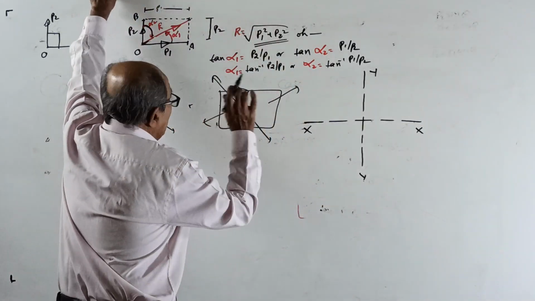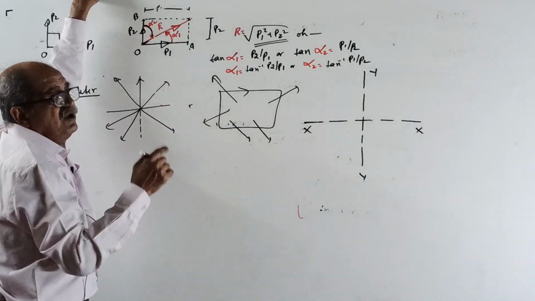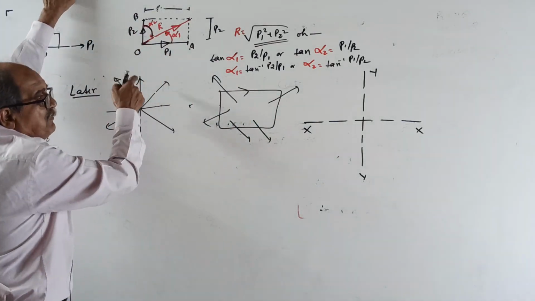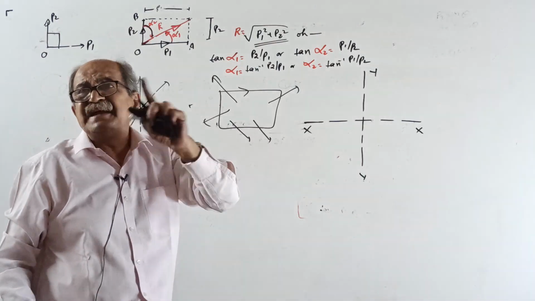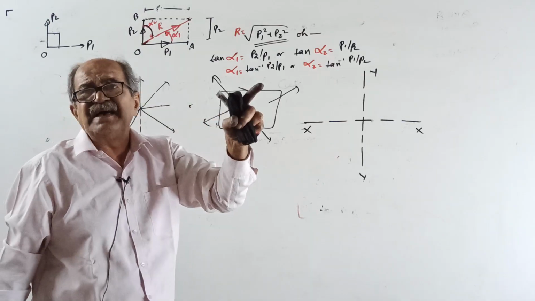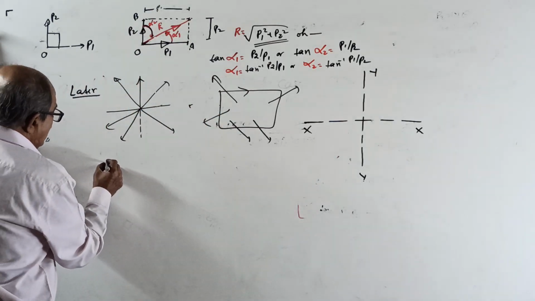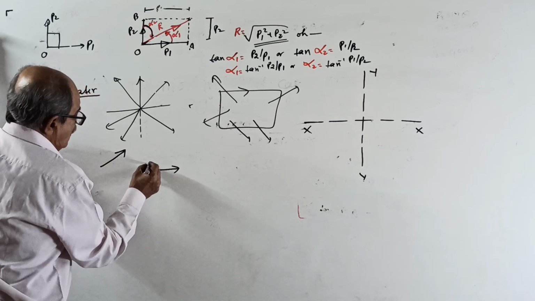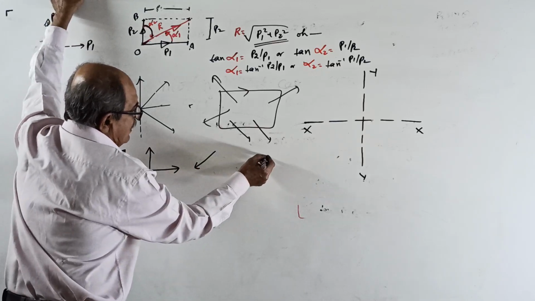Then, what we do is, each and every force we resolve along xx and yy. Or we find the component of each and every force in the x direction, along the xx axis and the yy axis. For example, if the inclined force is this way, you find one component this way, one component this way. If the inclined force is this way, we find one component this way.